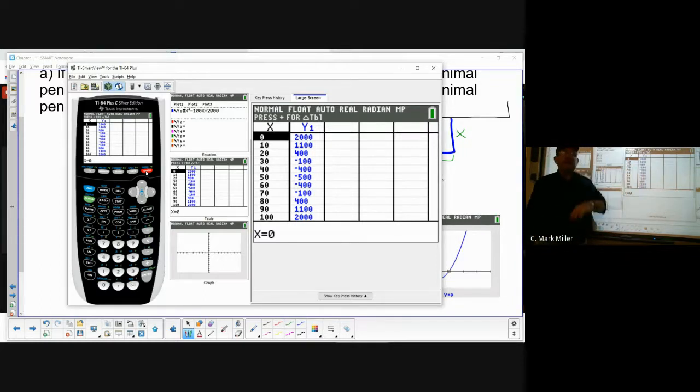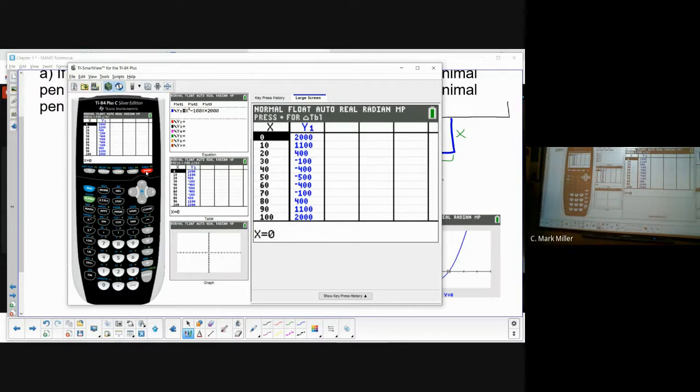It goes from positive to negative, it had hit 0, right? That 0 is one of my solutions to my problem. Then negative, negative, negative, negative, negative, negative, positive. So between 70 and 80, I have another solution. You see?